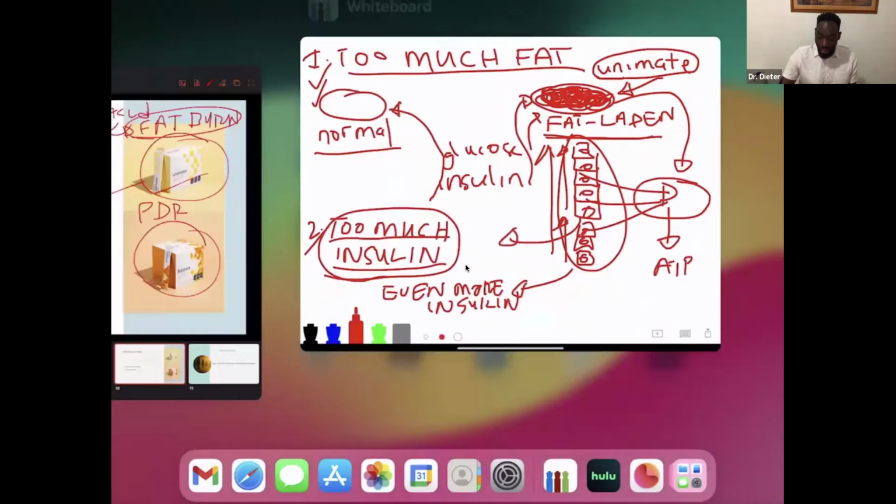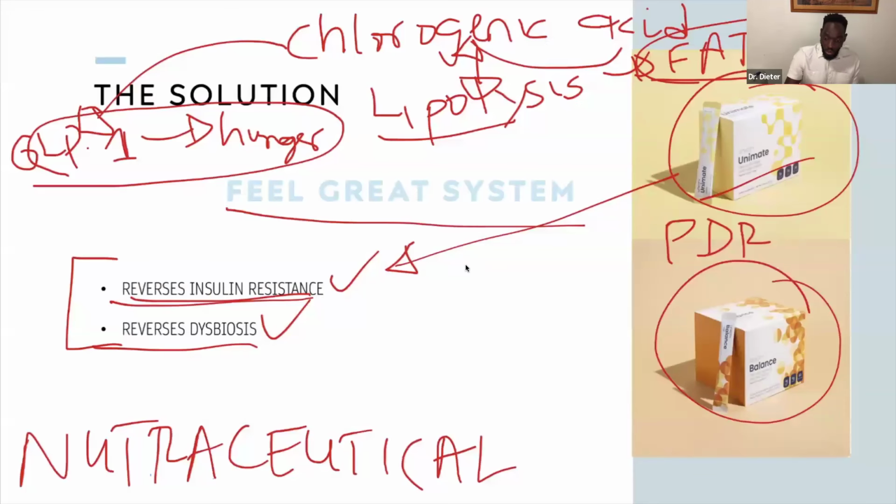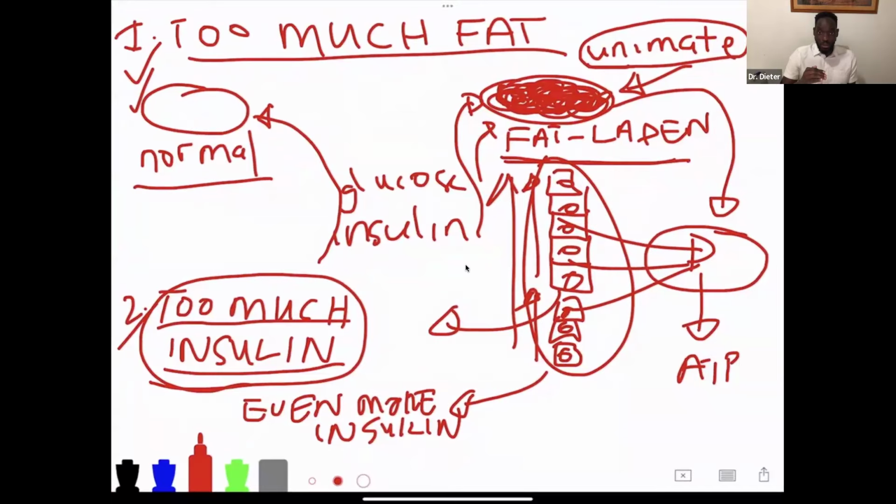And the Unamate helps you to fast without feeling hungry at all because of the GLP-1 property. When insulin levels go down, it's going to cause the body to switch from fat storage mode to fat burning mode. So you're having a double whammy effect of lipolysis that will then result in this. So you reverse insulin resistance that way.